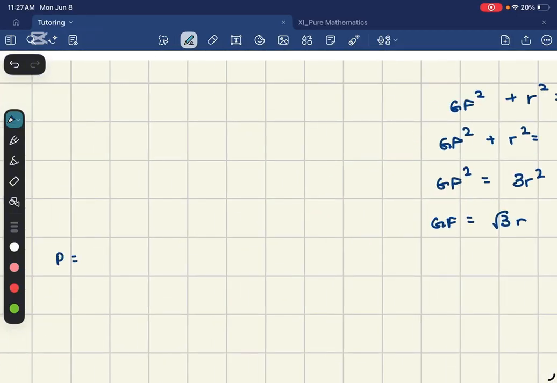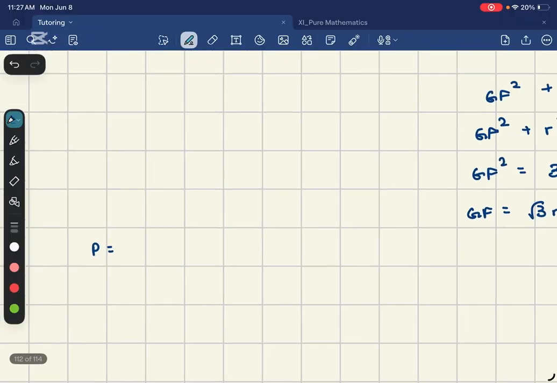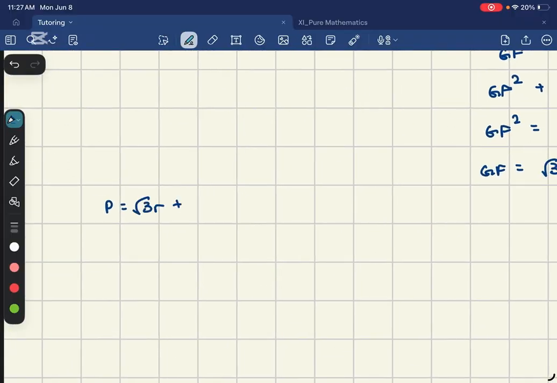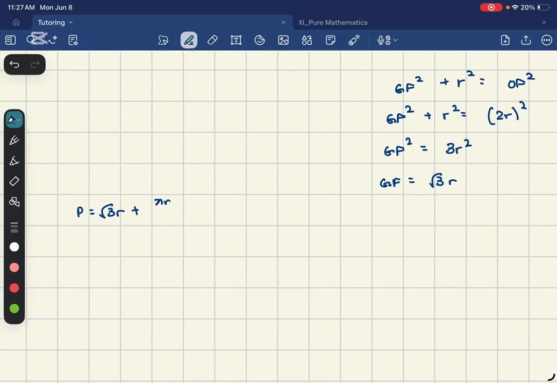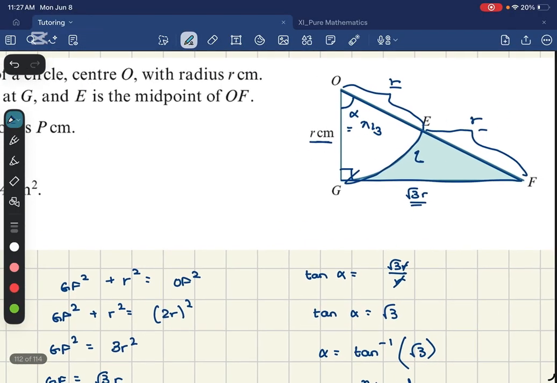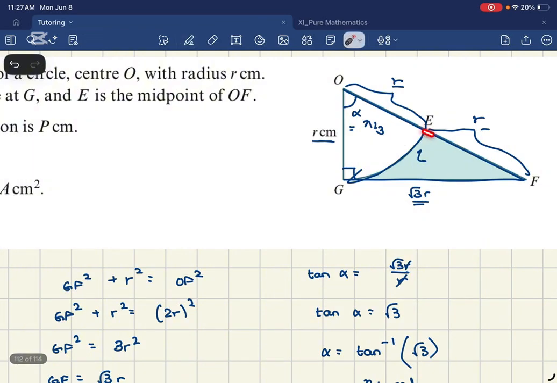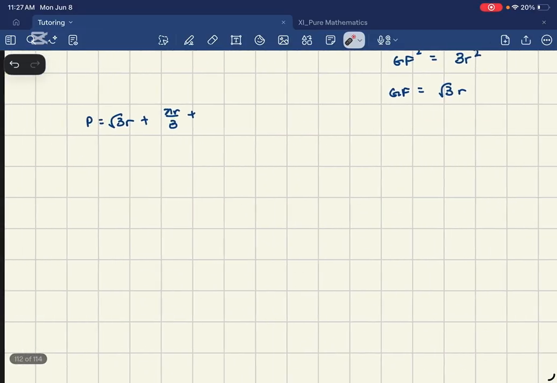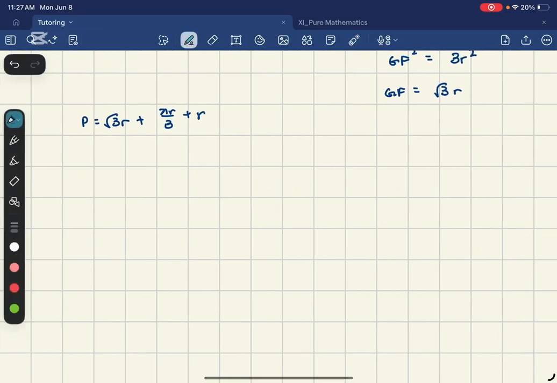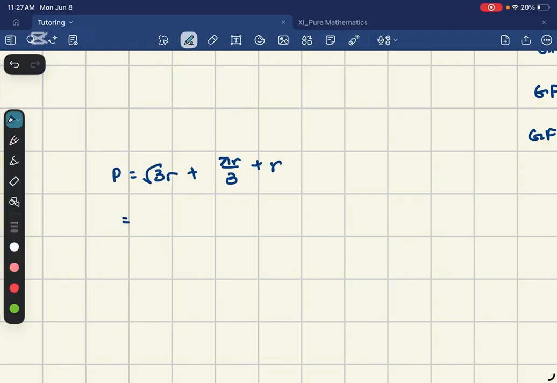The perimeter is going to be the bottom part, GF, which is root 3r, plus the curved part L, which we just calculated to be pi r over 3, plus EF, this part. So this part plus this part plus this part. We found L, and this part is just R. Now we can factor out the R. We get r times root 3 plus pi over 3 plus 1.